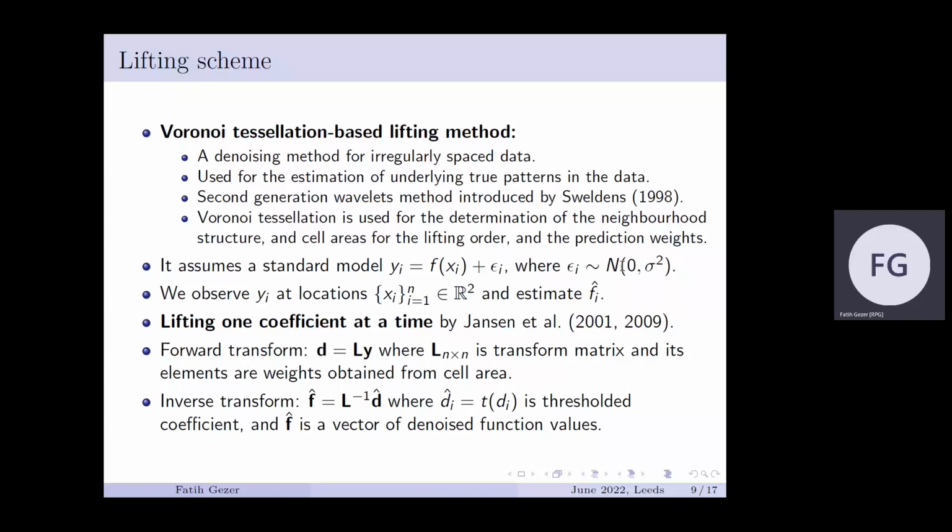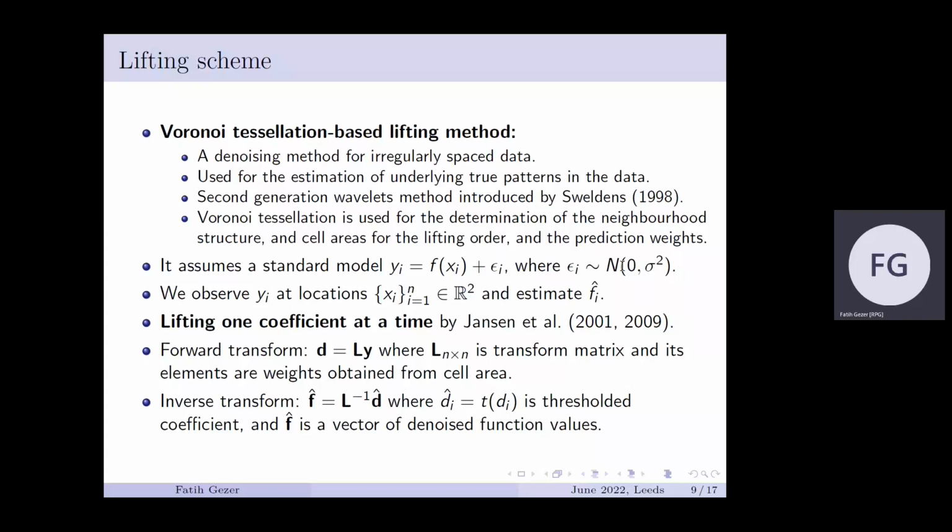And when I say denoising, that means that we have data, but we don't have a clear pattern in the data. So we separate the noise and estimate the underlying true patterns in the data. And this lifting scheme is a second generation wavelet method.